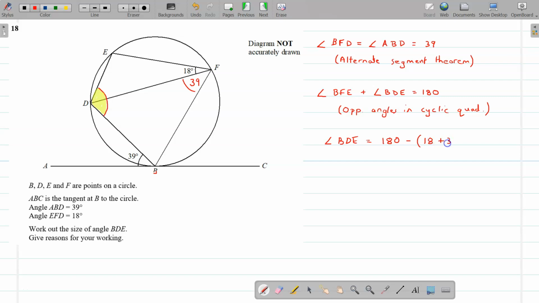If I add those two together and take them away from 180, I get 123 degrees. But to get the marks, I think there are 4 or 5 marks for that question, you've got to have those reasons clearly shown.